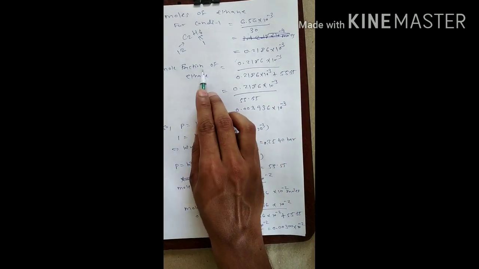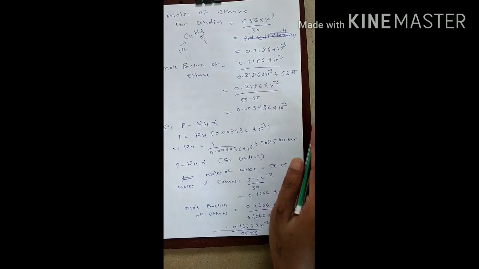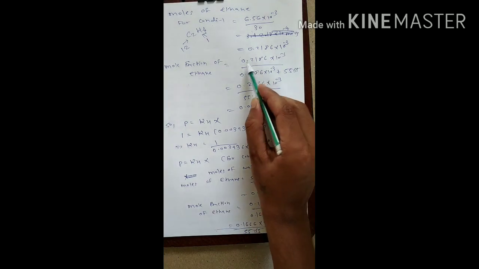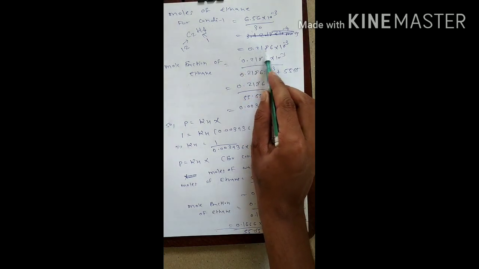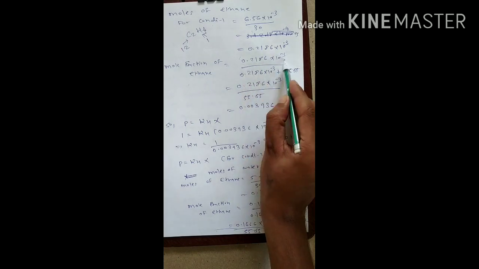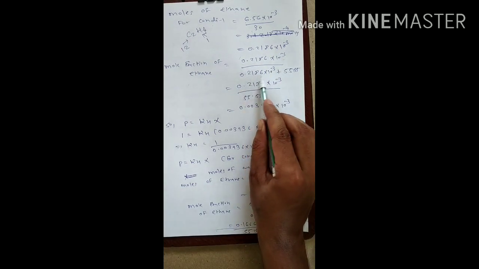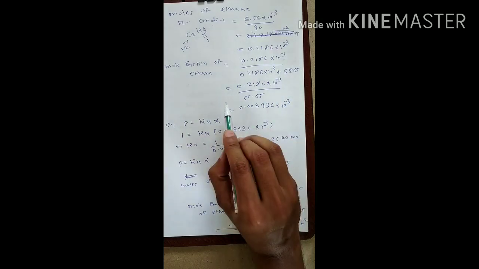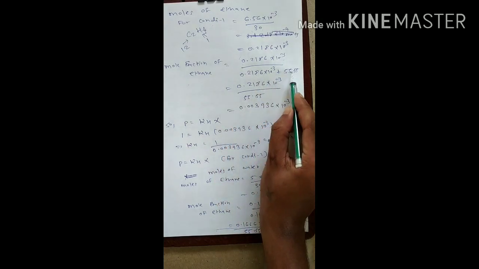Now mole fraction of ethane. What is the formula for mole fraction? Moles of ethane divided by total moles. So here I have written moles of ethane 0.2186 into 10 raised to minus 3 divided by 0.2186 into 10 raised to minus 3 plus 55.55. Now compare these two values.